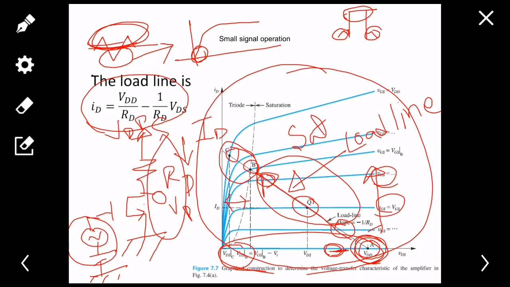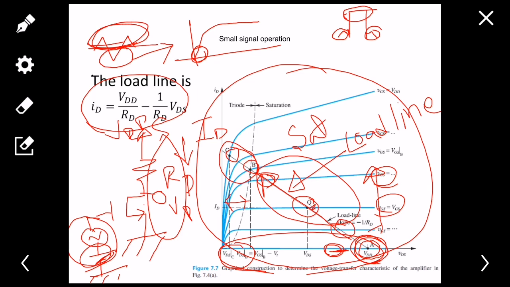So that's the reason I need to have a bias voltage. That's why I don't give an AC signal directly as input to an NMOS or PMOS for amplification. So I use the DC voltage source at the gate to bias it in the saturation region for gain, and then I choose a suitable Q point.